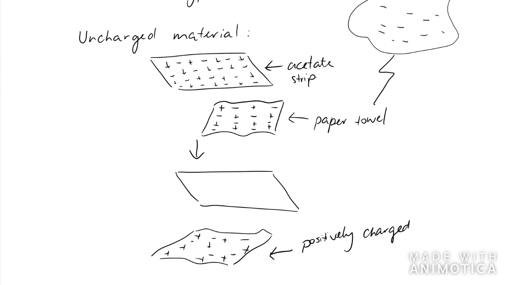And this acetate strip, again, the protons stay where they were. But this one's actually gained those electrons from the paper towel, which means now there's more electrons than there are protons, which means this is now negatively charged.